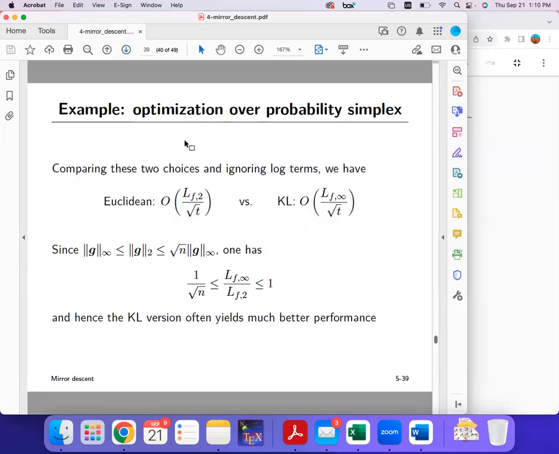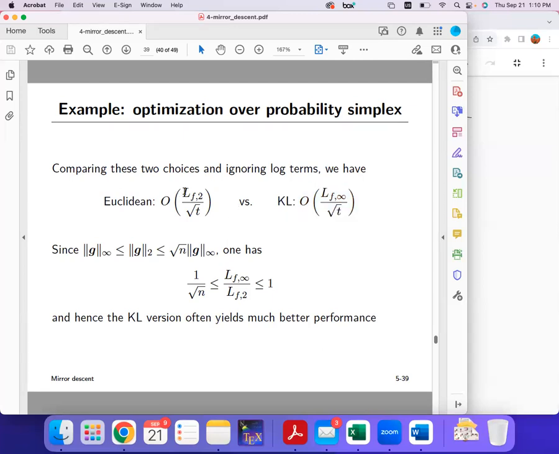Okay. So roughly speaking, the convergence rate obtained under the L2 norm choice is the Lipschitz constant under the L2 norm divided by square root of t. For the negative entropy choice, it's the Lipschitz constant under the L infinity norm divided by square root of t.